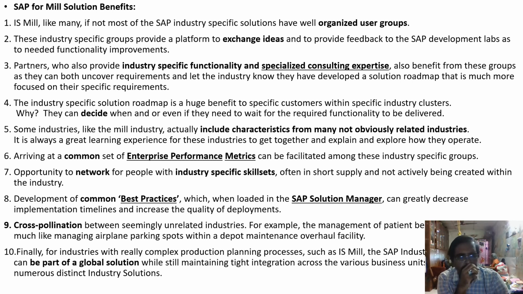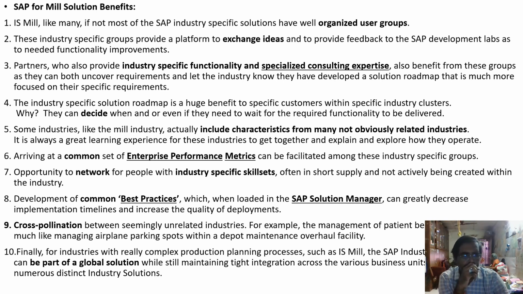And as an eighth point, development of common best practices which, when loaded in the SAP Solution Manager, can greatly decrease implementation timelines and increase the quality of deployments. And as a ninth point, cross-pollination between seemingly unrelated industries, for example, management of patient beds in a hospital looks much like managing airplane parking spots within a maintenance department or overall facility.